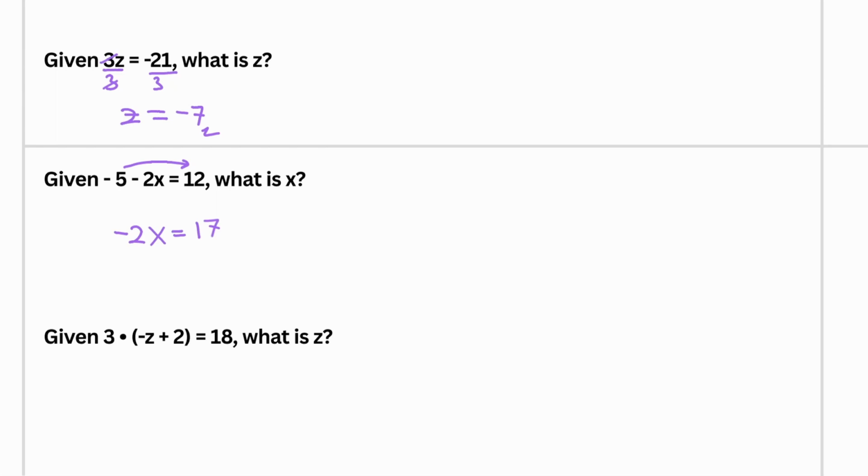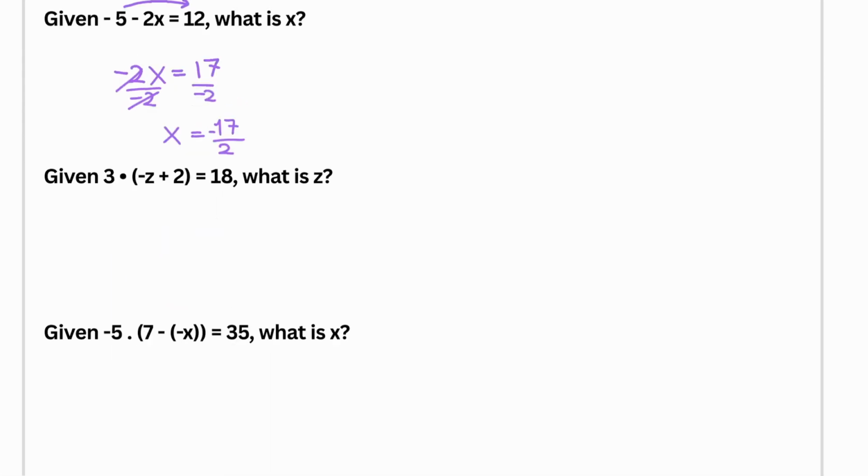And now we can leave the x alone by dividing with -2 both sides. This will cancel, and it will leave us with x equals -17 over 2. And that's our answer.